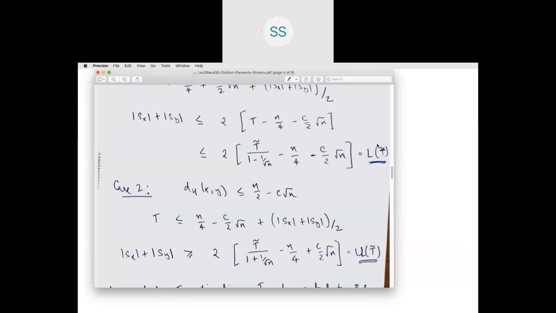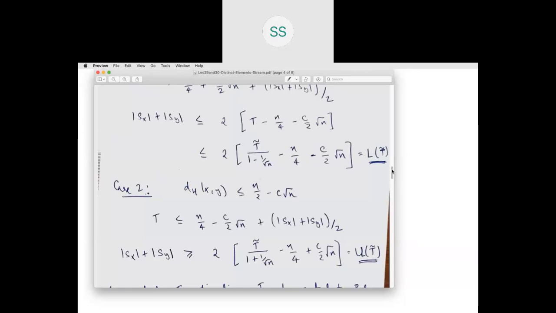Let's say, as an example, L of t tilde was 70 and U of t tilde was 60. Then sx plus sy could be 65, and both of these are true, right? So that is not good. So we want to make sure the values of L of t tilde and U of t tilde are appropriately computed.